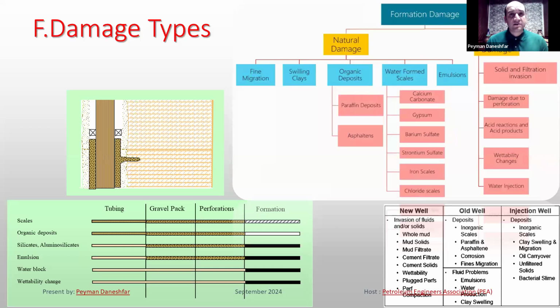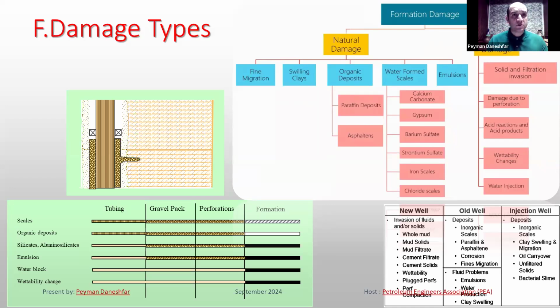And some damages are caused by humans, by us, such as when we do stimulation jobs and want to use acid, and our acid volume is not okay, and we damage our well, and it's not okay for us, okay? But you should know about that.